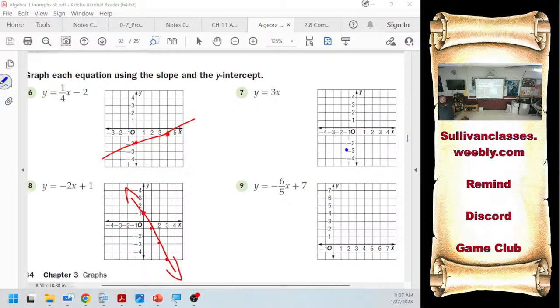Is it the third point? This one? Yeah, so you got a point at 0, 0. From there, up 3, right 1. There you go.